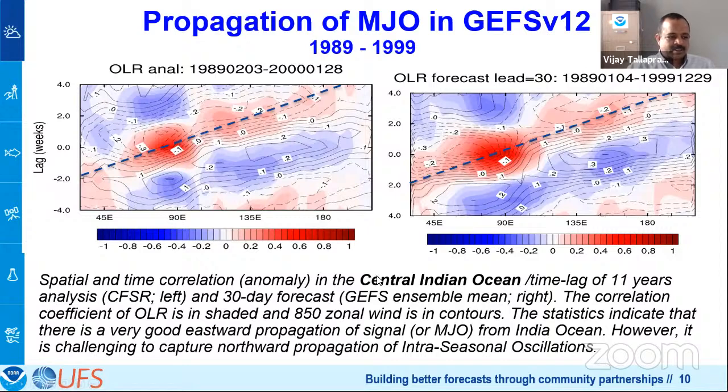The correlation is pretty much matched with the observed anomalies. Very good eastward propagation of the MJO signal in the Eastern Indian Ocean. However, it's a challenge that we cannot capture the northward propagation or the amplitude of the MJO accurately. So that's something we expect that the fully coupled models will be able to address.